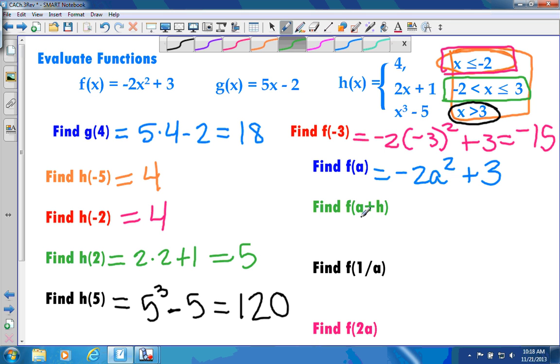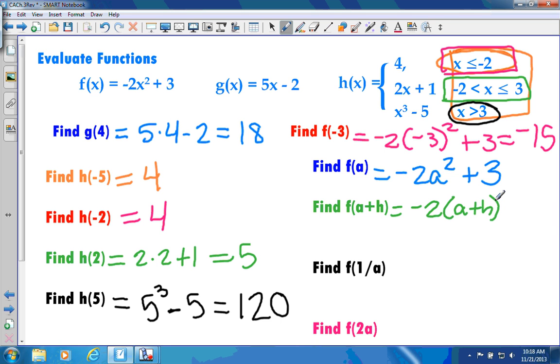And then when you have f of a plus h, same thing. You can simplify this by multiplying out the a plus h, and you would get negative 2 times a squared plus 2ah plus h squared plus 3.